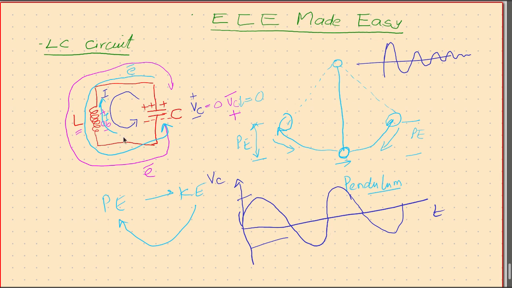And a similar effect we can see here when there is a resistive element, but now we are considering an ideal L and C, and that's why we can say that there is no change in the amplitude.